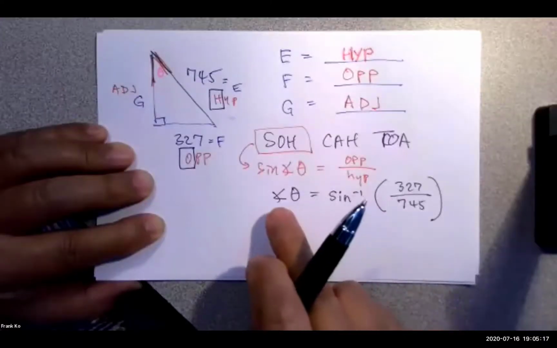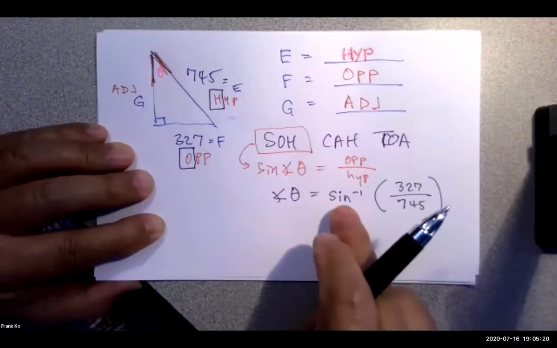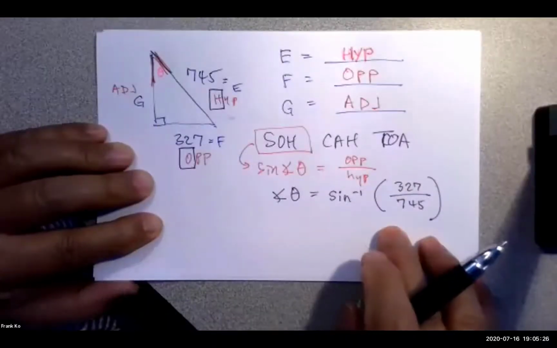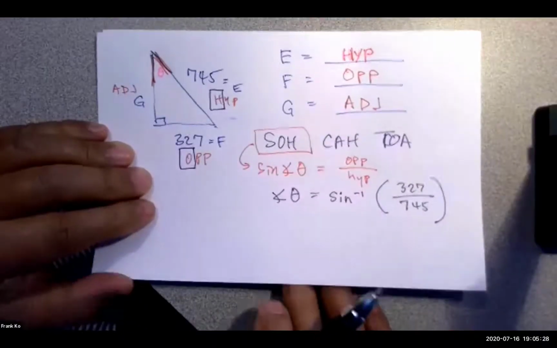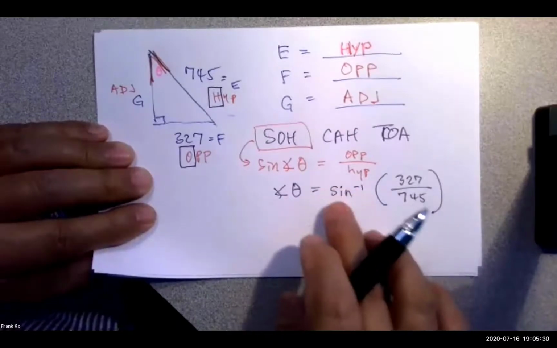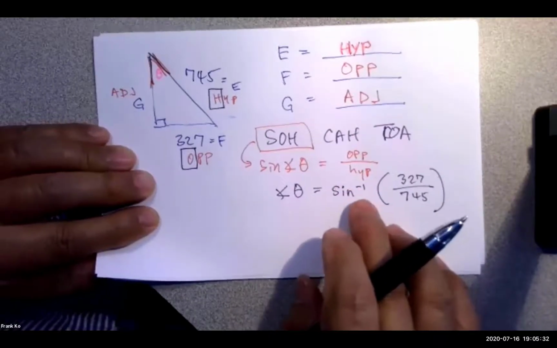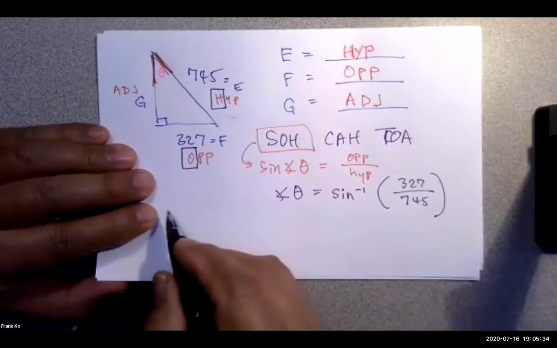Well, I wrote out the angle of theta is equal to inverse sine, open parentheses, of this ratio. So based on what we did previously, we have to key in an inverse sine function. How do we do that on our calculator? Shift. That's right. You start off with shift.